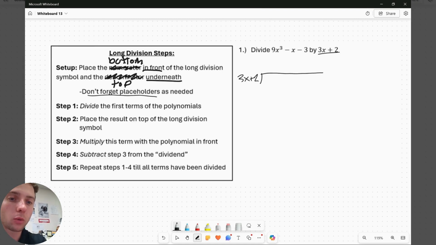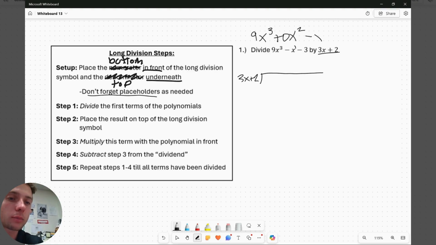Notice the polynomial we have right now is 9x to the 3rd minus x to the 1st. We are missing a term for this. In fact, we are missing the term between the 3rd and the 1st power. That means we are missing an x squared. We do need to include that. When you include a placeholder, what we need to note is that you always use a 0 as its coefficient, the value in front of it.